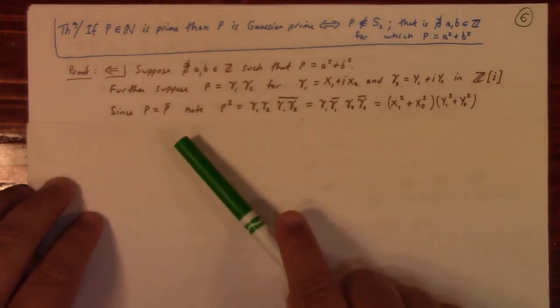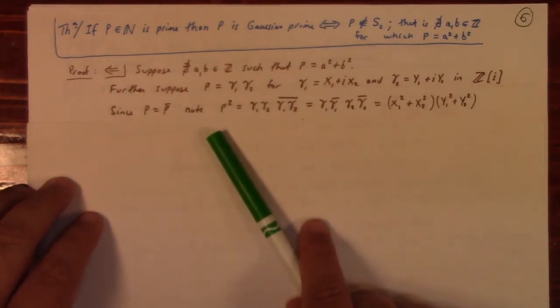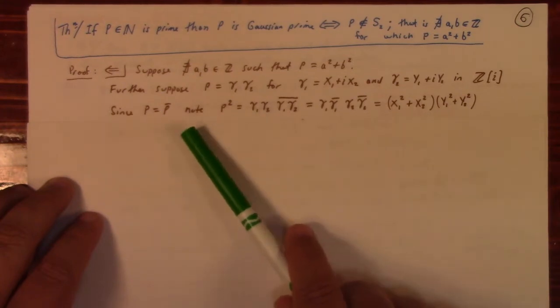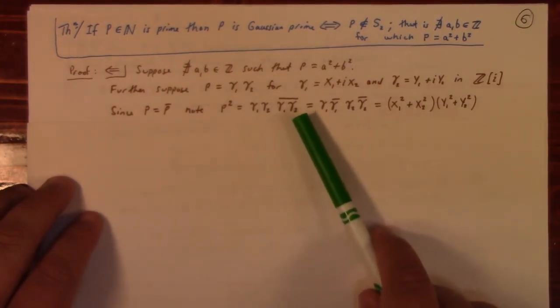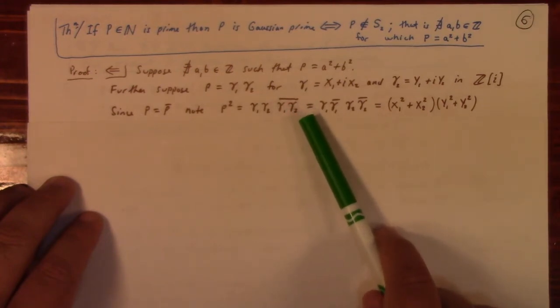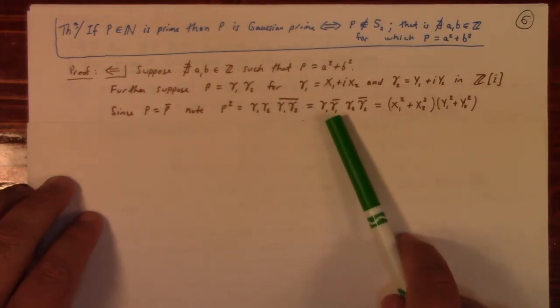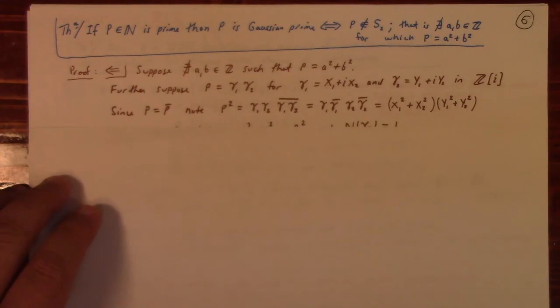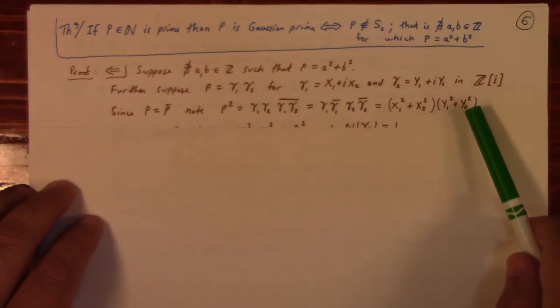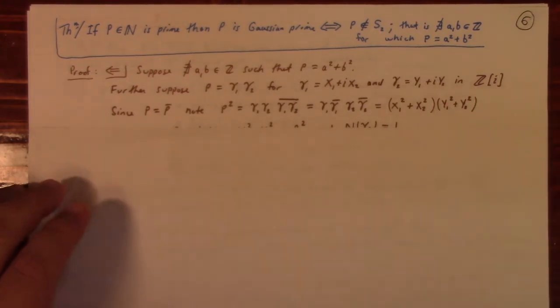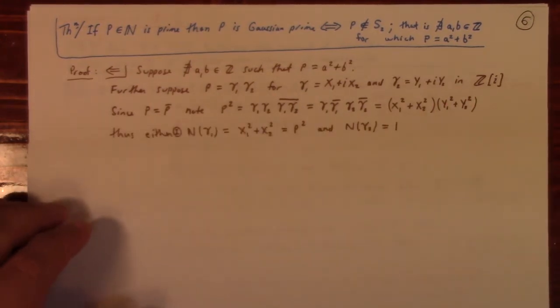Well, since p is equal to p bar, that means that p squared is p times p bar, which we can write as gamma 1, gamma 2, gamma 1, gamma 2 bar. Which then properties of conjugates give me gamma 1 times gamma 1 bar times gamma 2 times gamma 2 bar, which is the product of x1 squared plus y1 squared times x2 squared plus y2 squared, I should say.